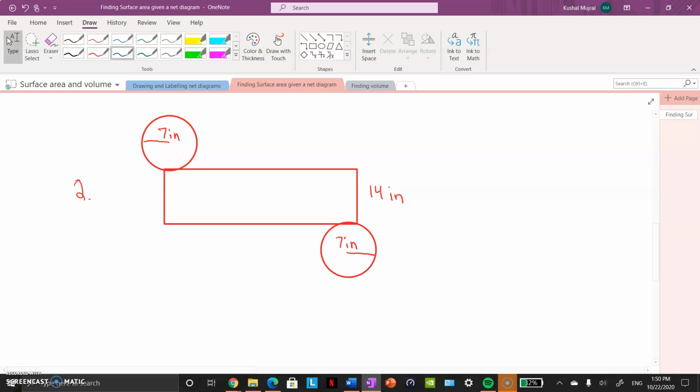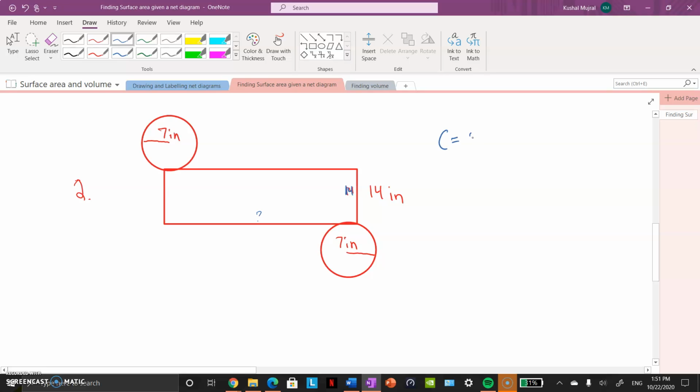So, this is a cylinder that's been unwrapped. This side length is 14. Over here, this is 14. I'm going to actually change that to blue. This is 14. And we don't know what this side length is. But we do know that this side length would be equal to the circumference of these circles.